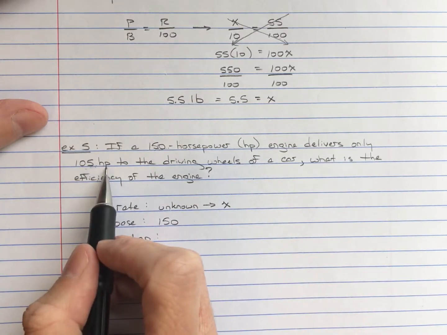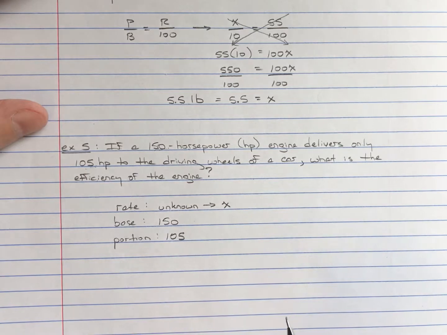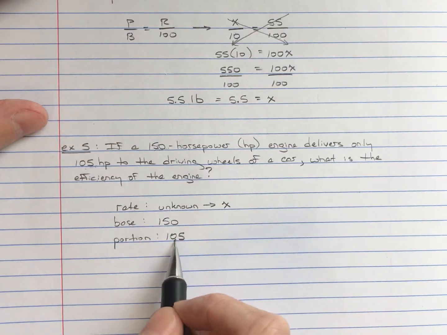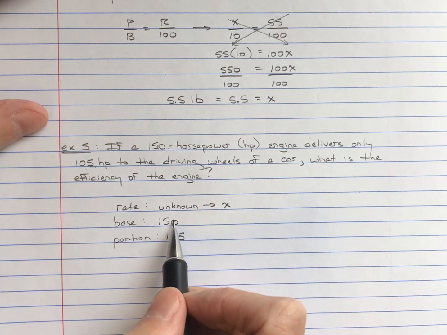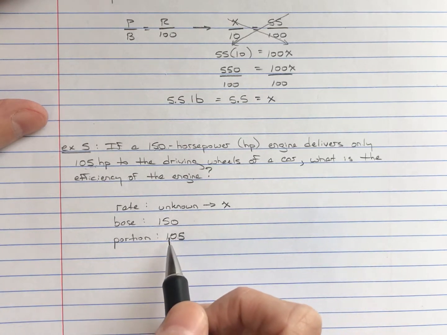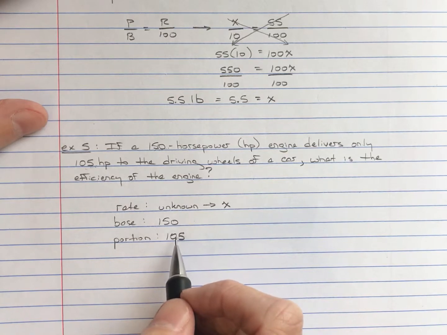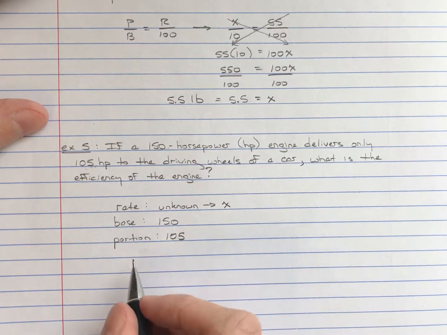Delivering 105 horsepower, that's the portion that it's delivering to the driving wheels. Other parts might go to heat, or you may lose a little bit in friction. The turning of some of the gears may take some of that away. But this is the portion, and that's the base.